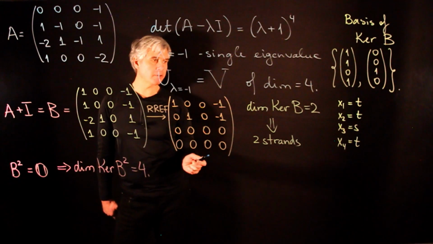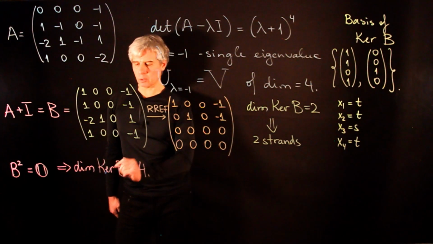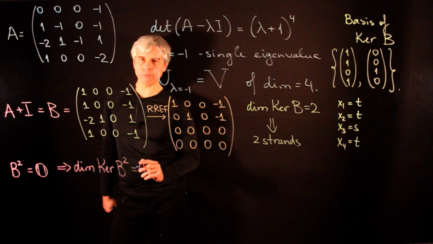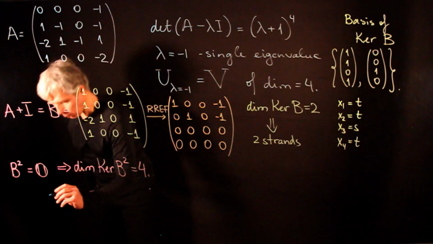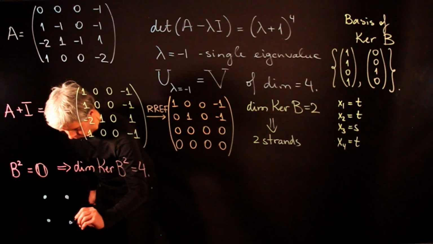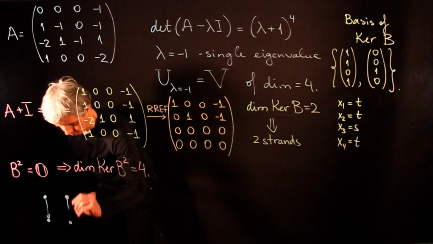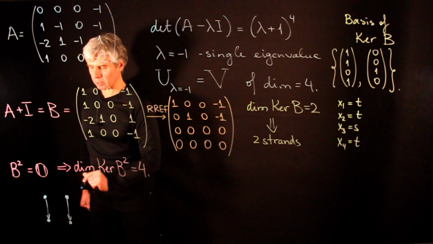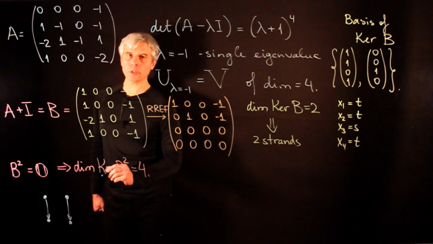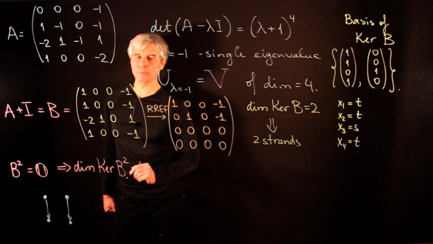Here we see that we have two strands, so that is two eigenvectors at the bottom, and everything lies within the first two layers. So the only possible diagram is the following. We have two strands of length 2, which corresponds to two Jordan blocks of size 2 by 2.